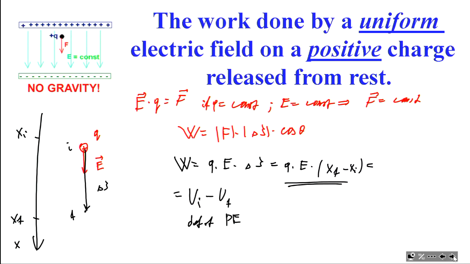So what we can extract from this? Well, it is equal to negative xi qE minus negative xf qE. Minus and minus made it plus. Why do I need this minus? Because I want a difference.